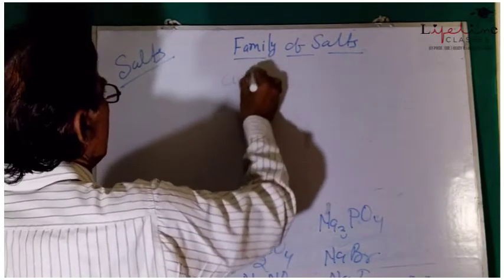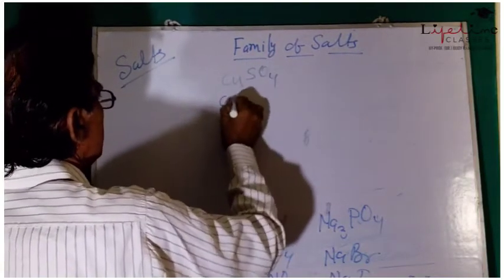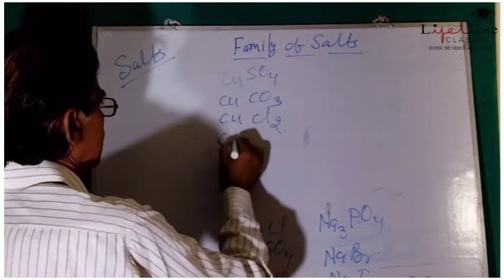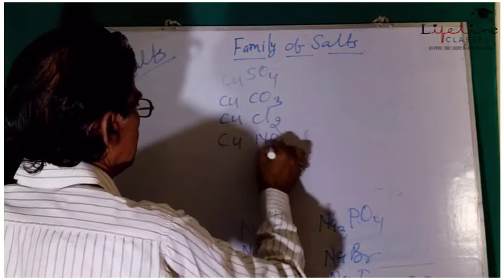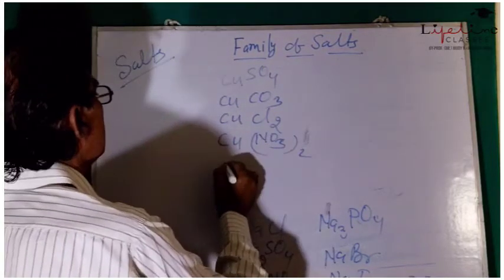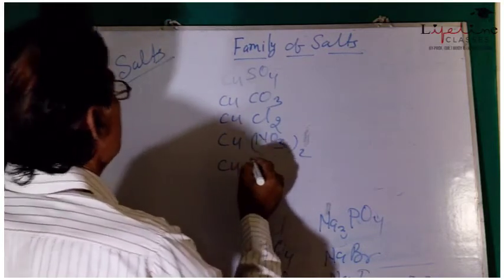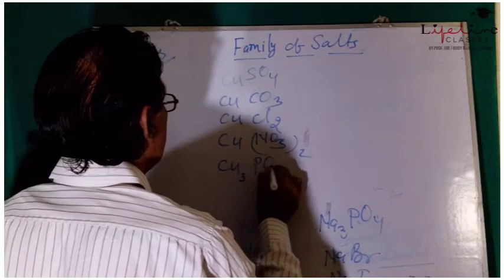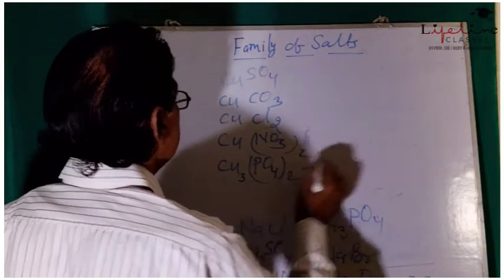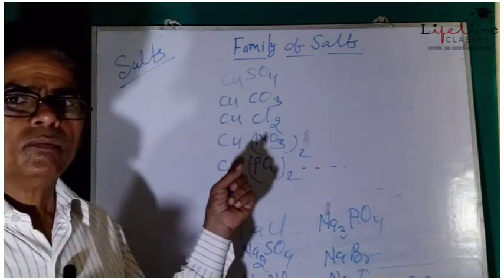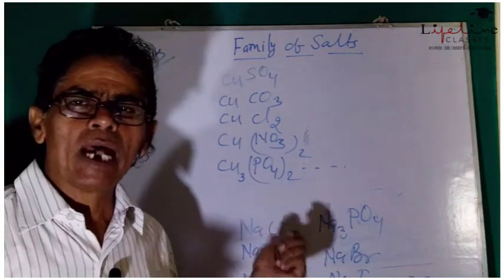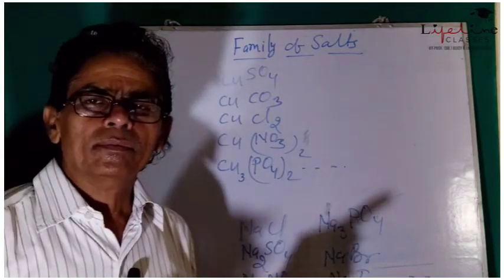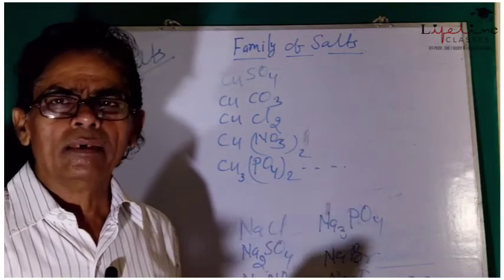copper CuSO4, CuCO3, CuCl2, Cu(NO3)2, CuPO4, Cu3(PO4)2, etc. In all these families of salts, copper is the common ion.